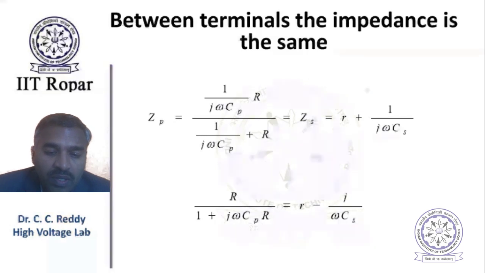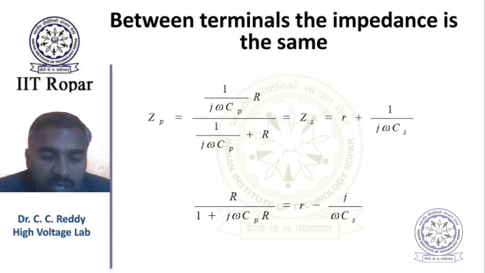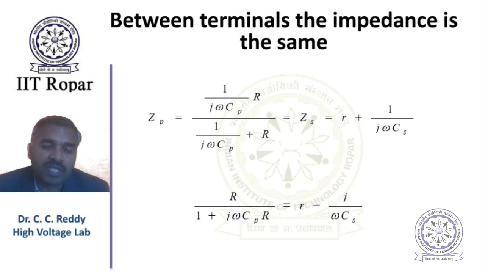So tan delta of course will change with frequency, but it is referred mostly to power frequency only, because all the power equipment works at power frequency and losses are referred to power frequency. Of course, frequency dependent characteristics will be assessed sometimes, but in specifications, only power frequency values will be there.